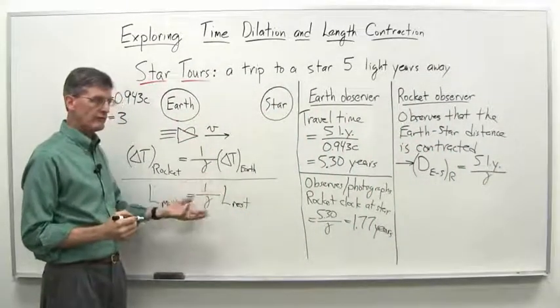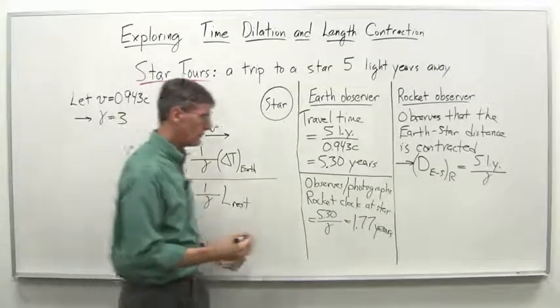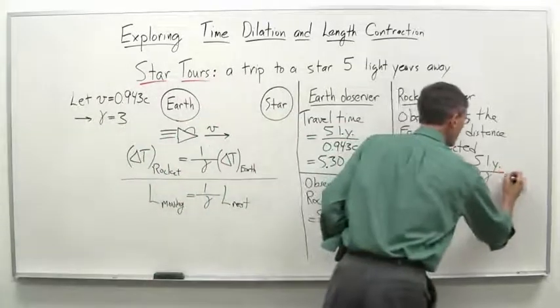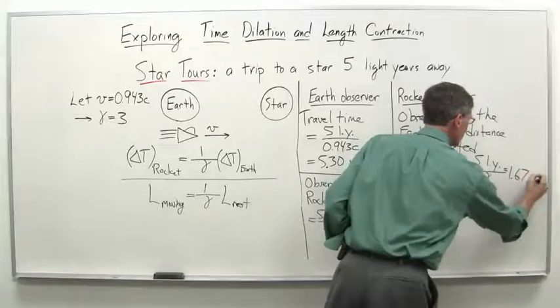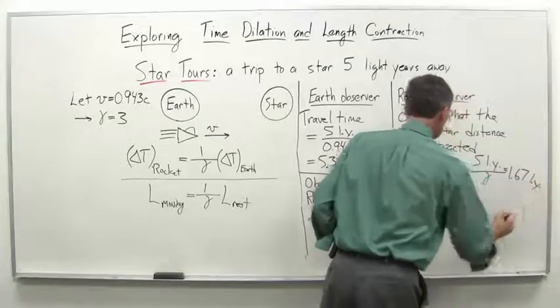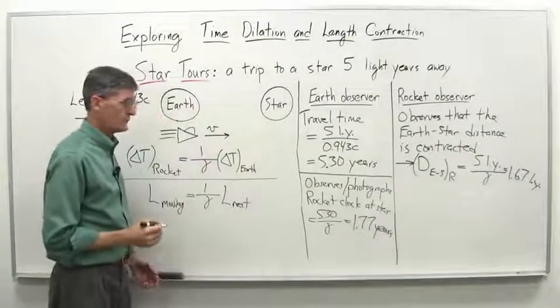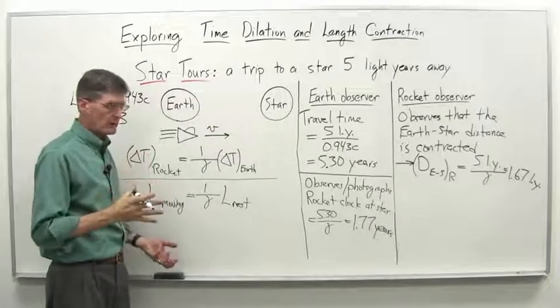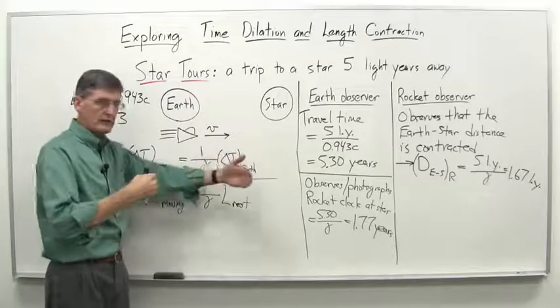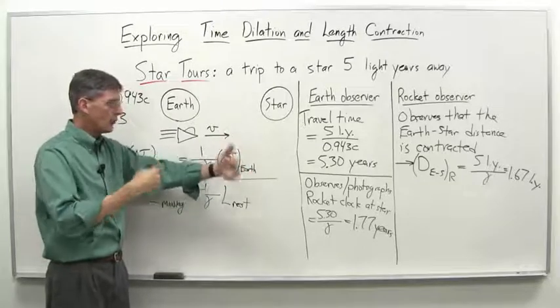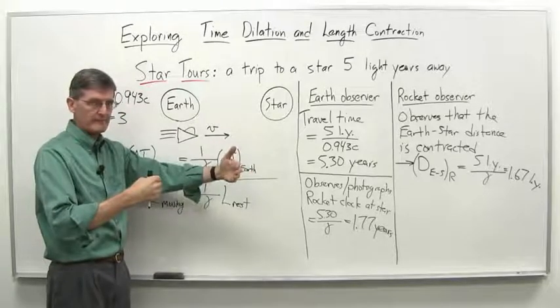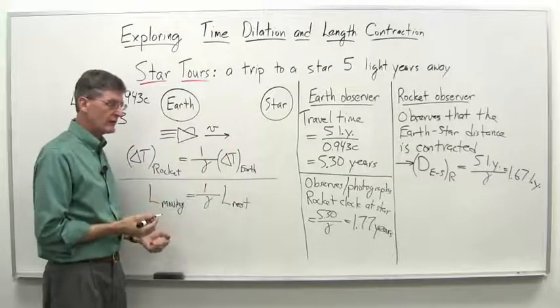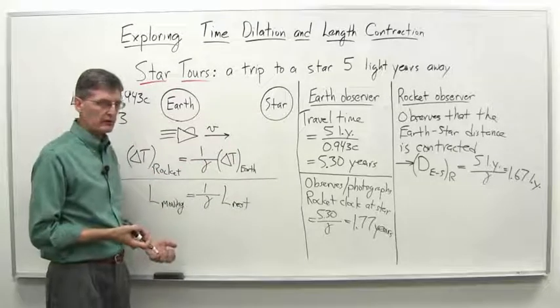And when you do 5 divided by 3, you get 1.67, equals 1.67 light years. Okay? So to Bob, the rocket observer, he sees that distance as 1.67 light years. Okay? And now let's see, so he's saying 1.67 light years.